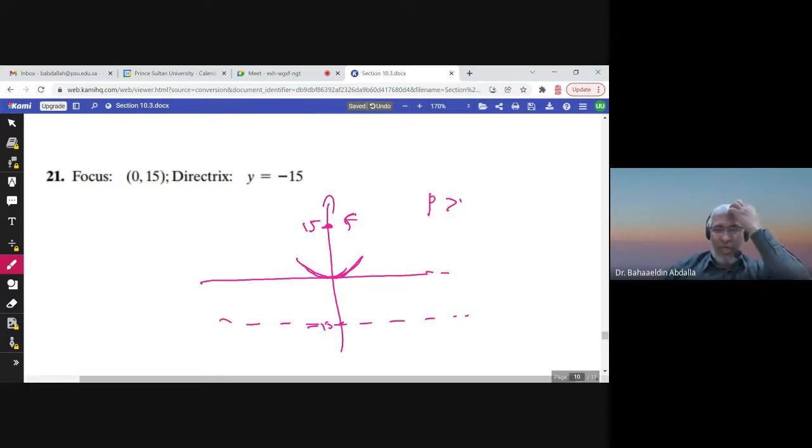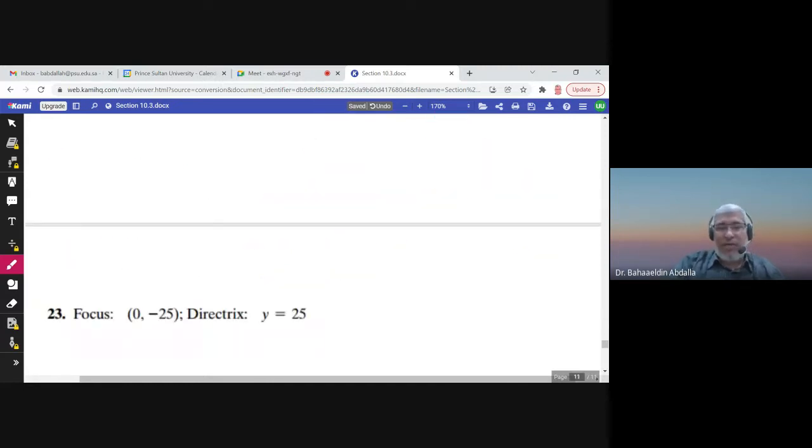So p is positive, and p in fact is 15, because 15 is the distance from the focus to the vertex. And the equation is x squared equals 4py, because it opens upward. So the equation is x squared equals, p is 15, 4 times 15 is 60, so x squared equals 60y.